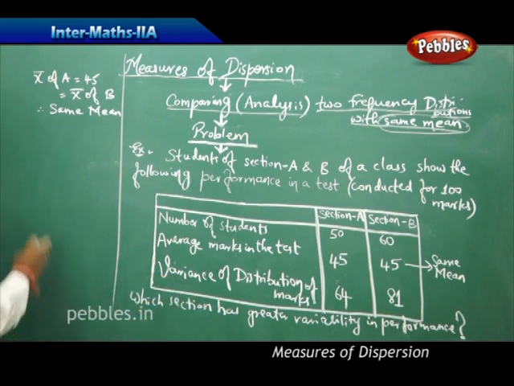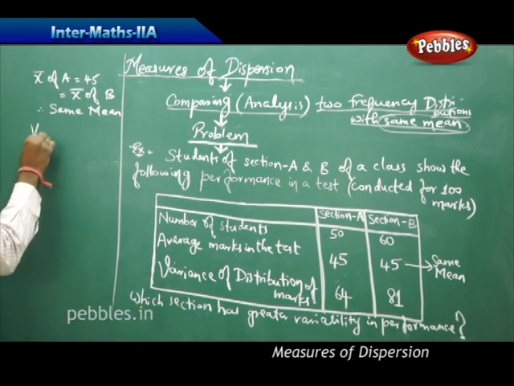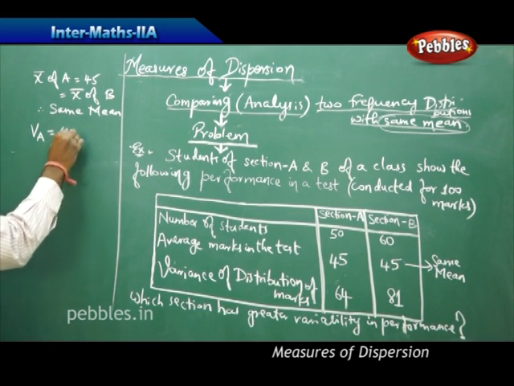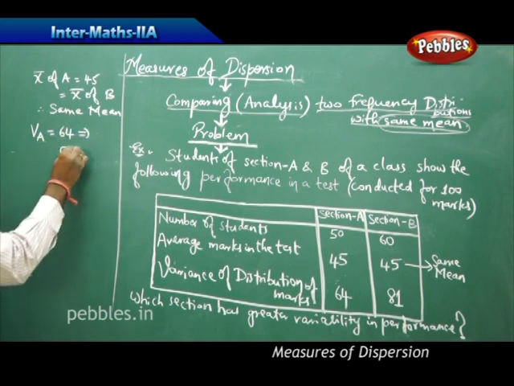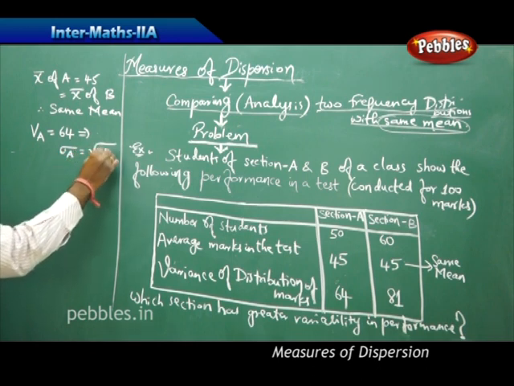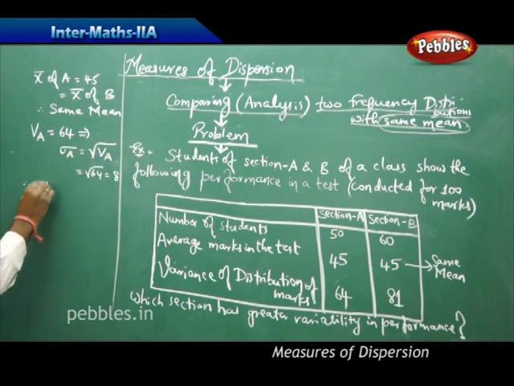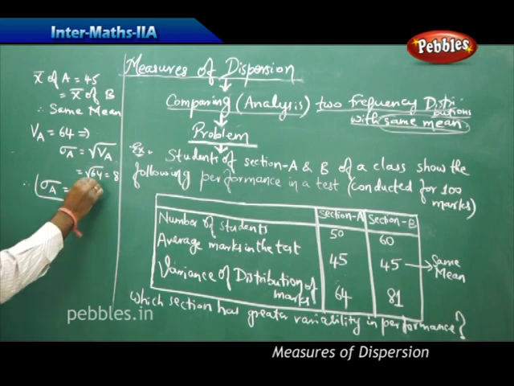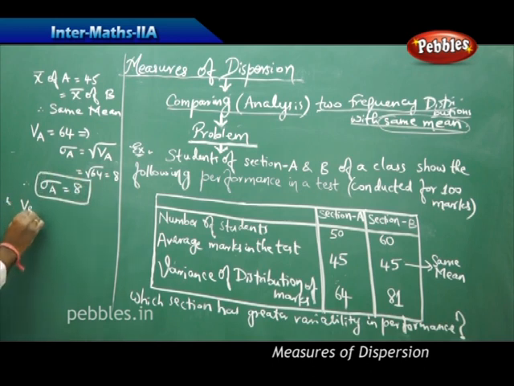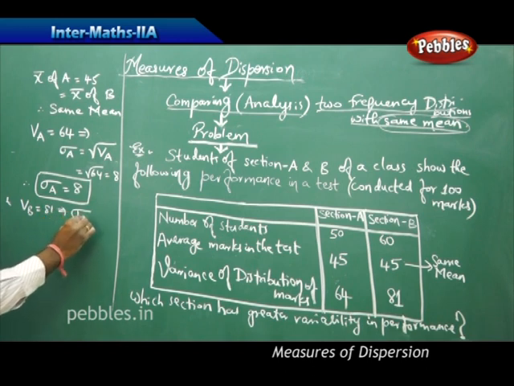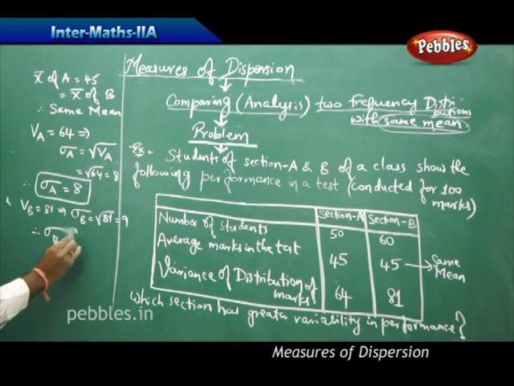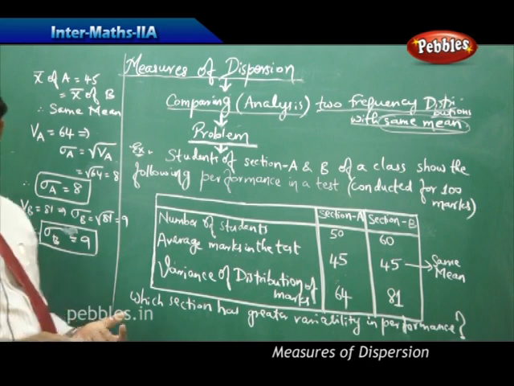Now similarly, variance of distribution A is 64 implies standard deviation of A is root of variance of A, that is root 64, which is 8. Therefore, standard deviation of A is 8 and variance of B is 81, implies standard deviation of B is root 81, which is 9. Therefore, standard deviation of B is 9. That is how I get the standard deviation of section A is 8 and standard deviation of section B is 9.